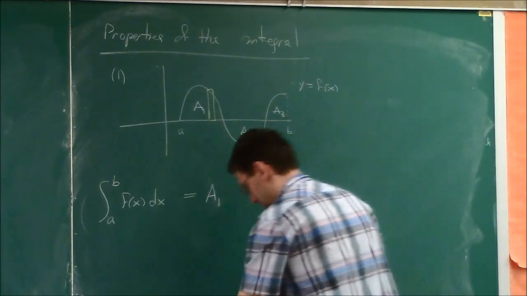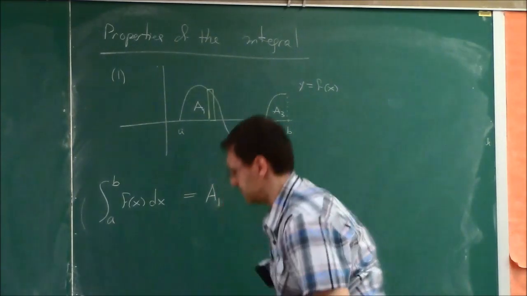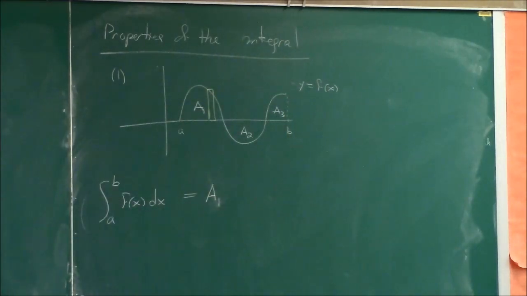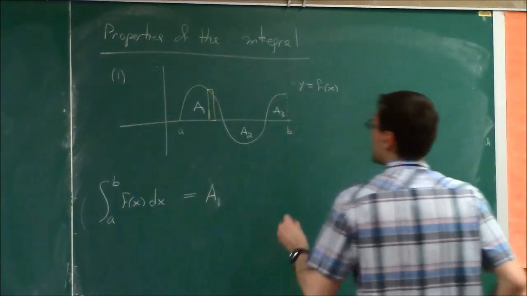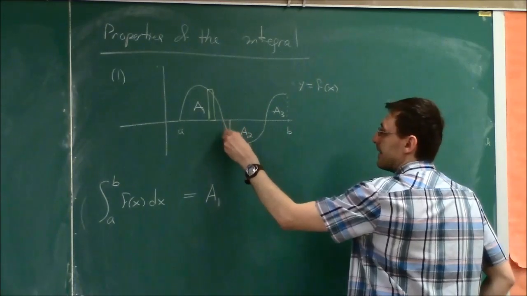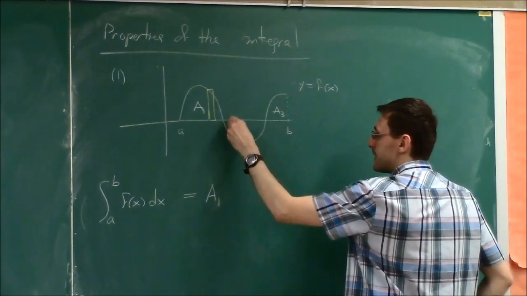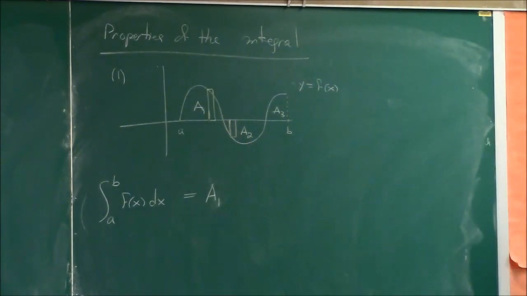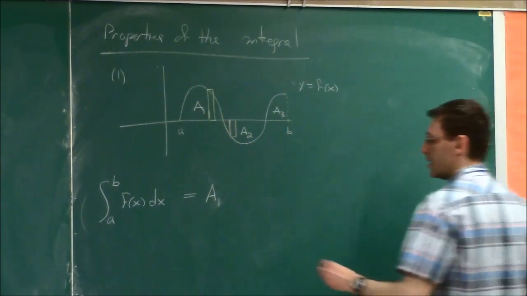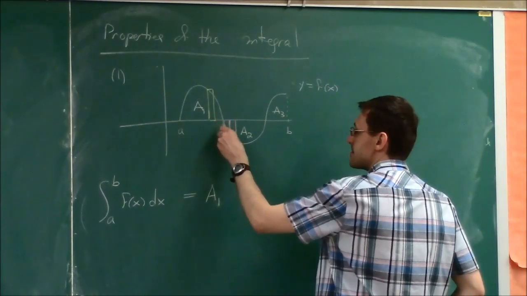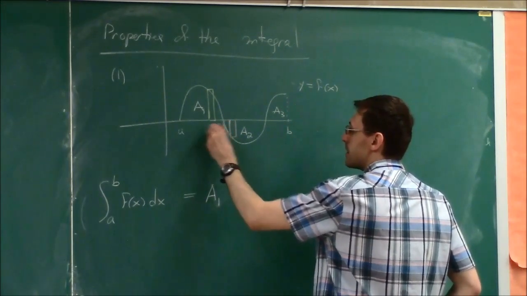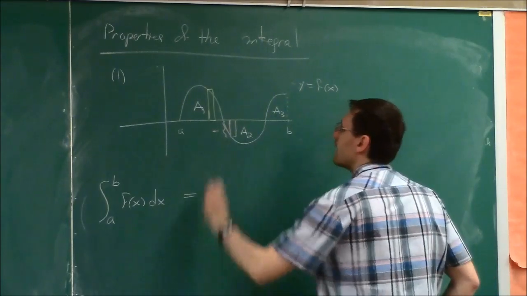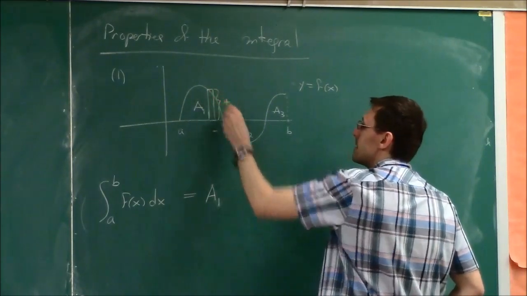What about what happens here? If I create a rectangle here, what can you say about this rectangle? Negative, right? So because this is negative, this is positive.